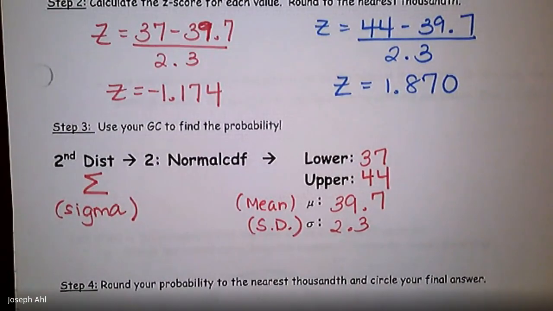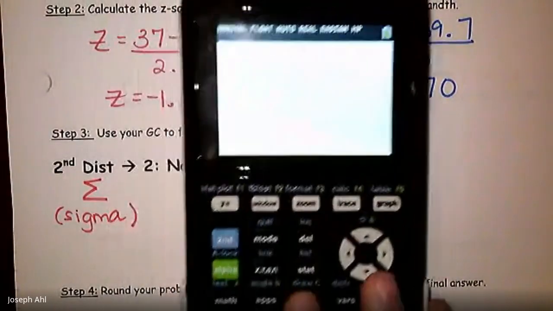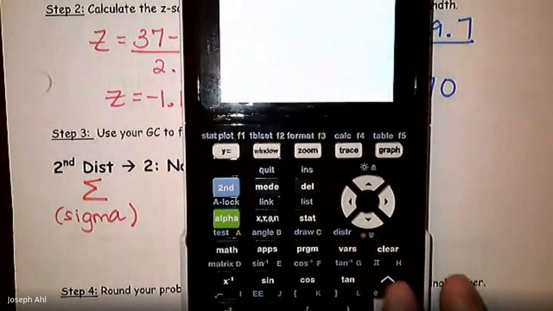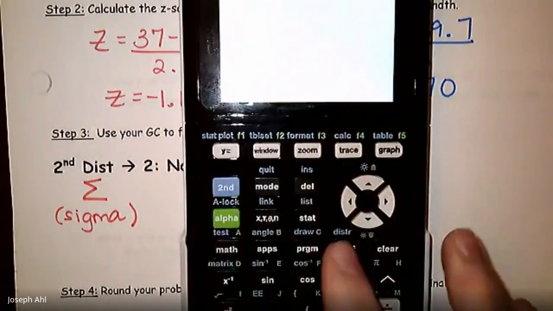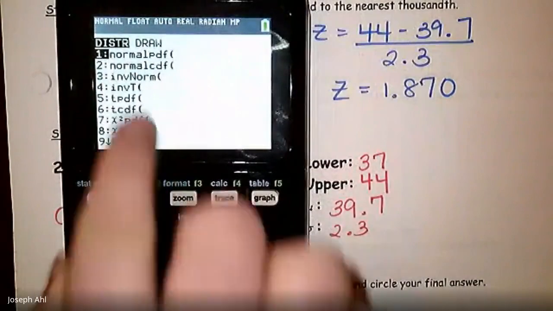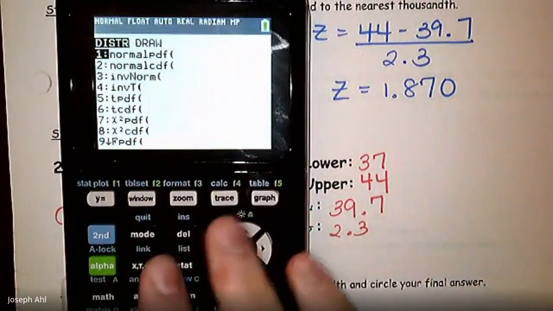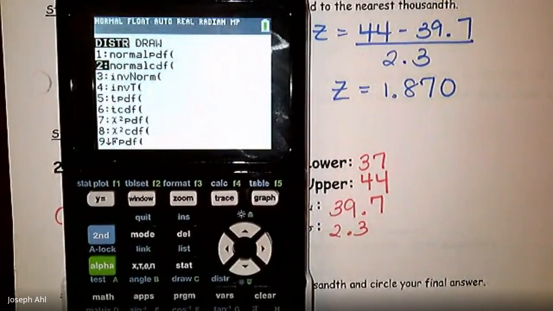On your calculator, go to 2nd VARS. Go ahead and take a second to find where that VARS button is. VARS is next to clear. It says distribution above it. If you hit 2nd VARS, what we're doing is a normal CDF. You can double check me on this, but I'm pretty sure CDF stands for cumulative distribution function.